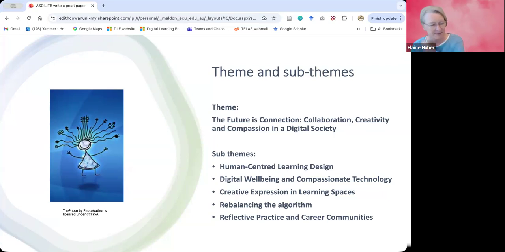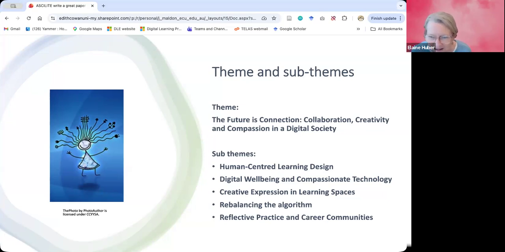And we came up with these themes, for those of you who aren't aware, through a sort of collective gathering. We did a Padlet with the community, and we asked people to make suggestions, and we pulled all that information together. So these are the top things that were on people's minds.